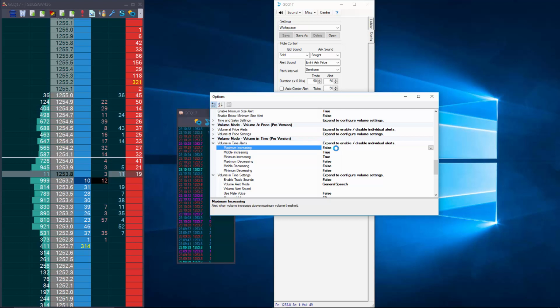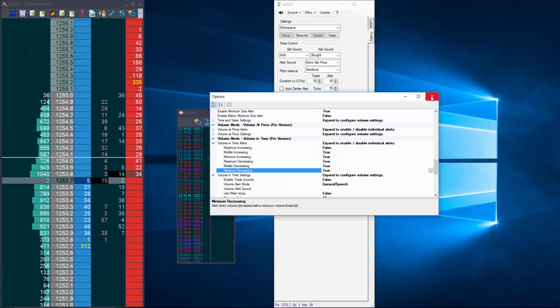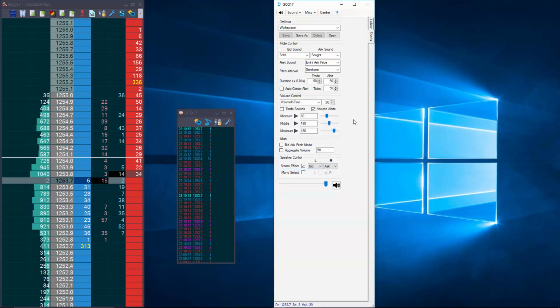And we're only using 2 trading zones here, so we want to hear if volume increases above the minimum value and above the middle value, and if volume decreases back into the middle value and below the minimum value.